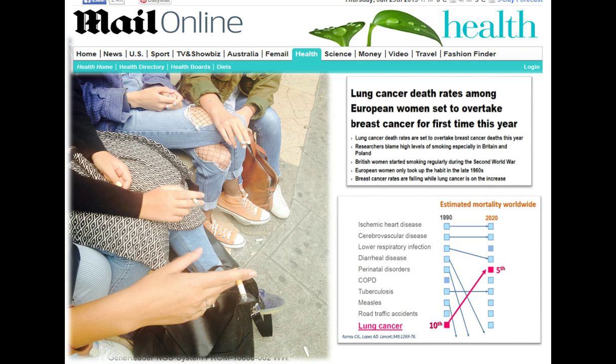Moreover, the estimated mortality worldwide for 2020 shows that lung cancer will be the 5th cause of death at this time, with a dramatic increase of cases among the population in the world.